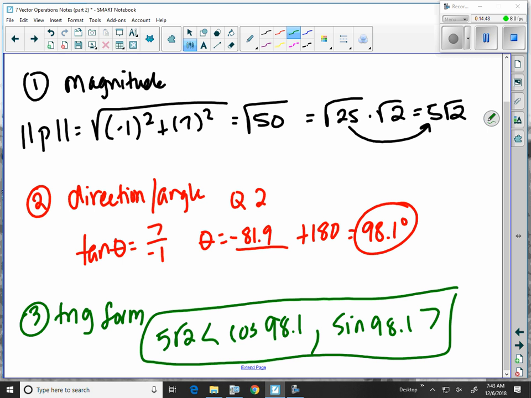Try the next one on your own. See if you can do that completely by yourself. These are 3 steps. First step is magnitude, second step is angle, third step is put it in that trig form.